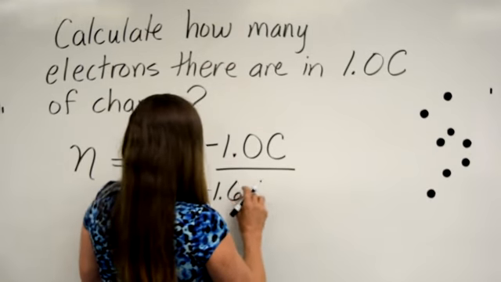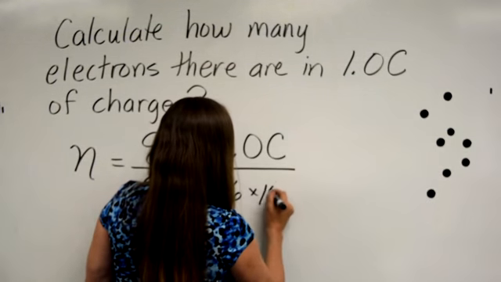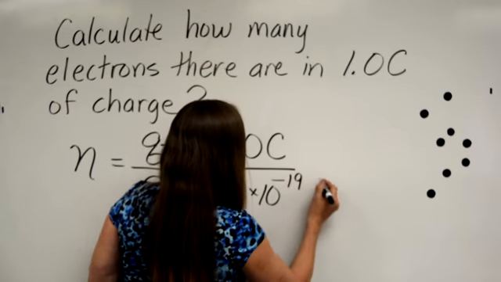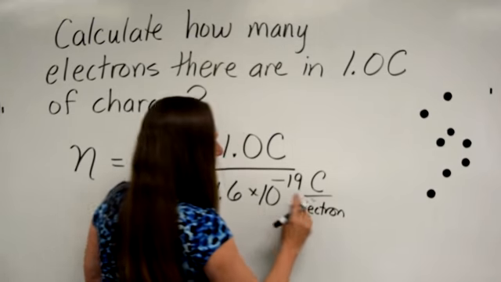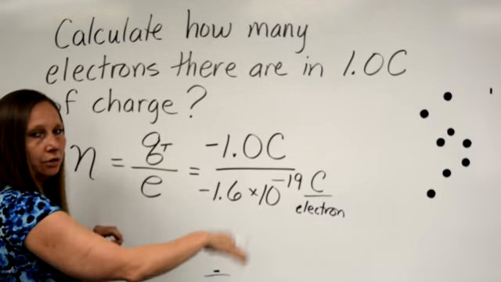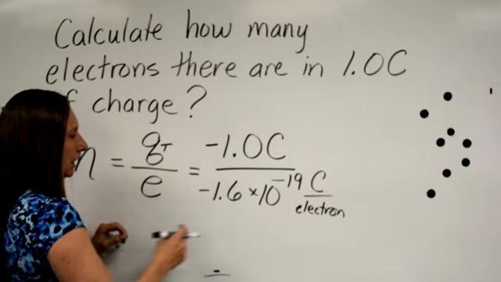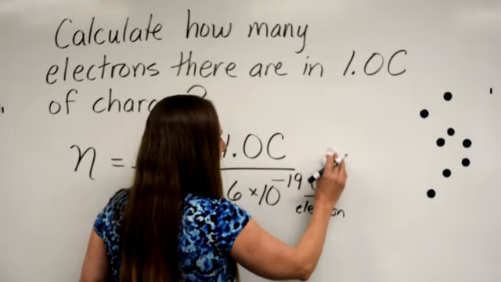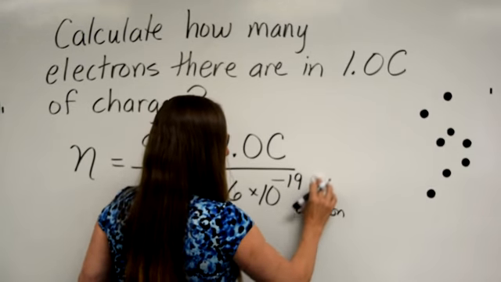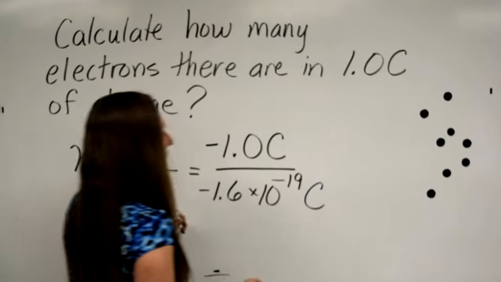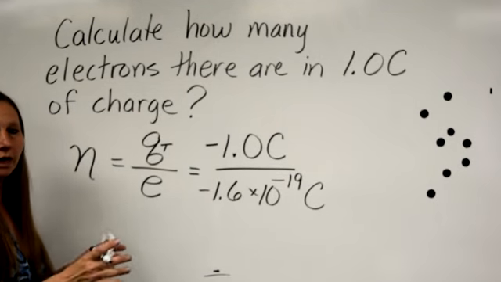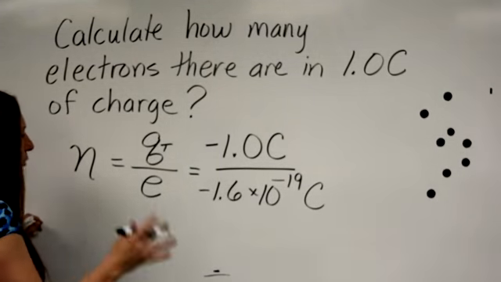Now remember, you can just cancel the coulombs and not worry about the word electron there. You can just say 1.6 times 10 to the negative 19 coulombs. The per electron part is understood. We know we're talking about electrons.